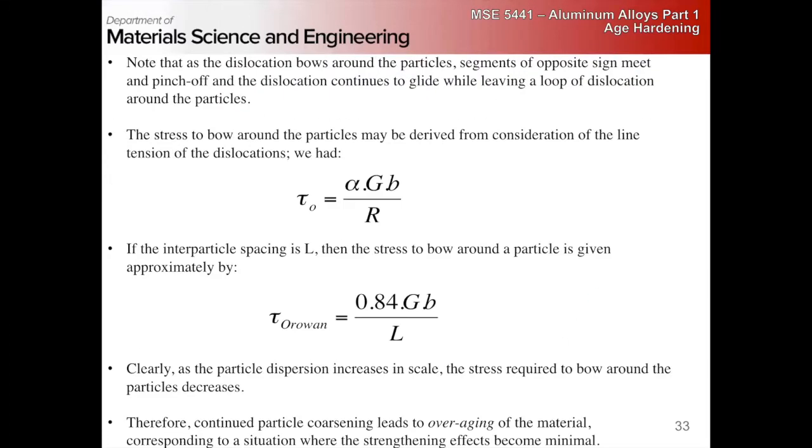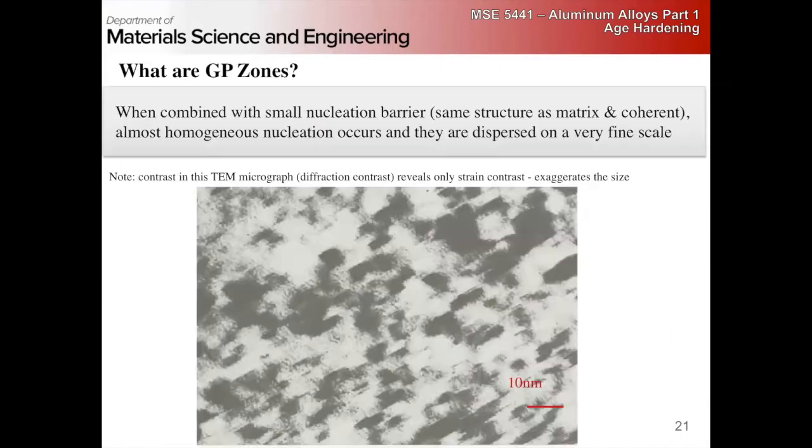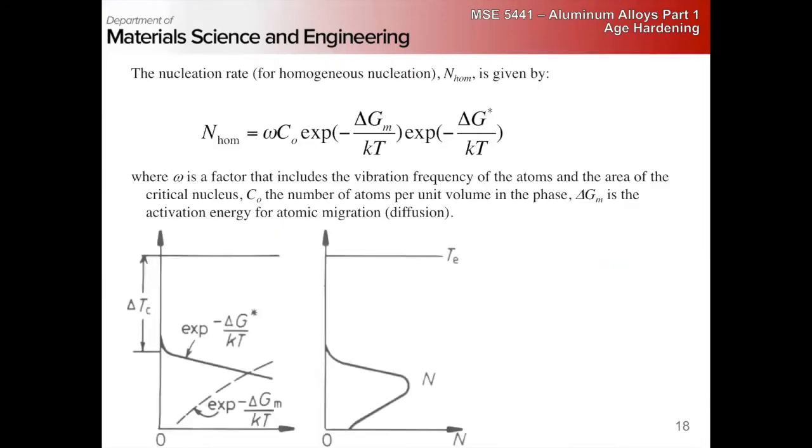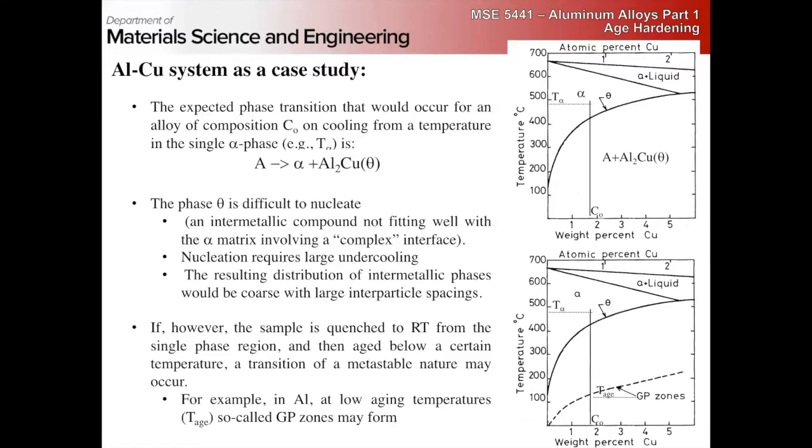I had an interesting question that someone asked Ben, and I thought I'd pick it up real fast. Someone asked why do the GP zones form at all? Why do the clusters form? You have to remember, you're quenching down from this single phase region, right?